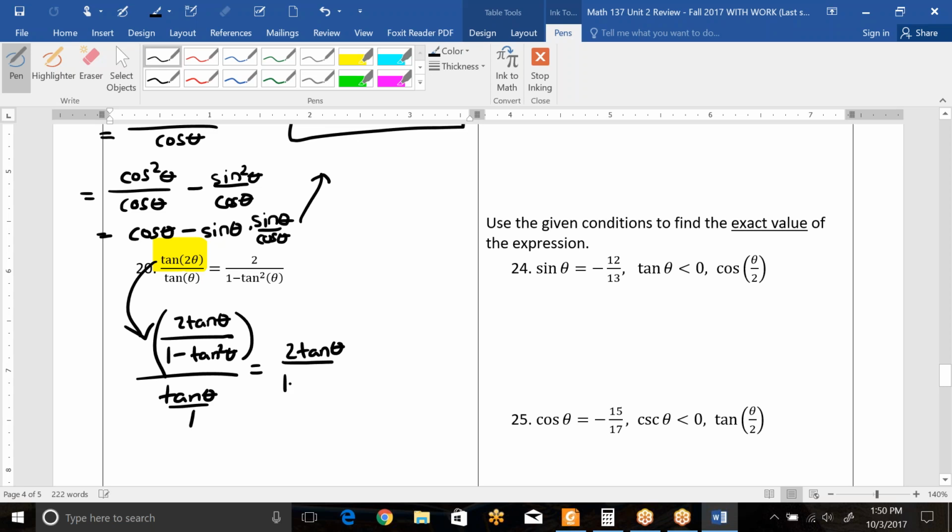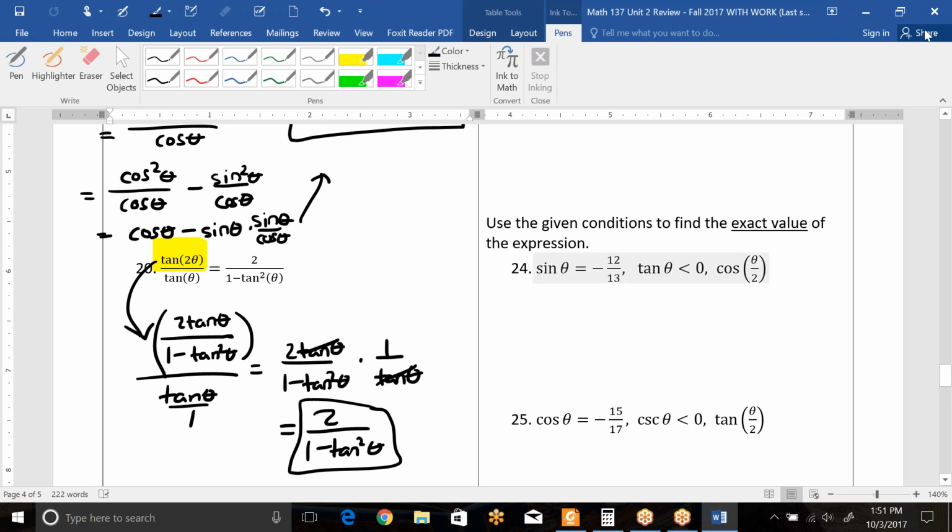So 2 tan theta over 1 minus tan squared theta times 1 over tan theta. One of the tan thetas cancels with this tan theta, and then we're just left with 2 over 1 minus tan squared theta. So as long as you know those double angle formulas, they come out right away, and they're really simple to prove. Okay, let's look at the next group.